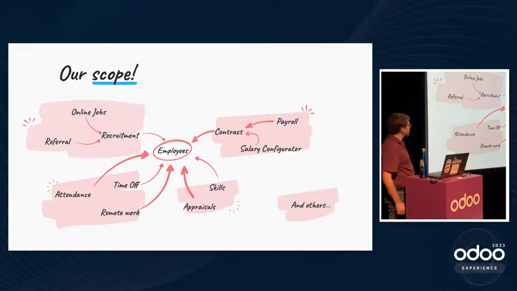I group them in 4 main categories, which are the recruitment, the administrative part of things, the follow-up of employees with skills and appraisals, and finally, things related around presence, so time off, attendance, remote work, etc. We also manage other modules and applications, but I will not talk about them here.